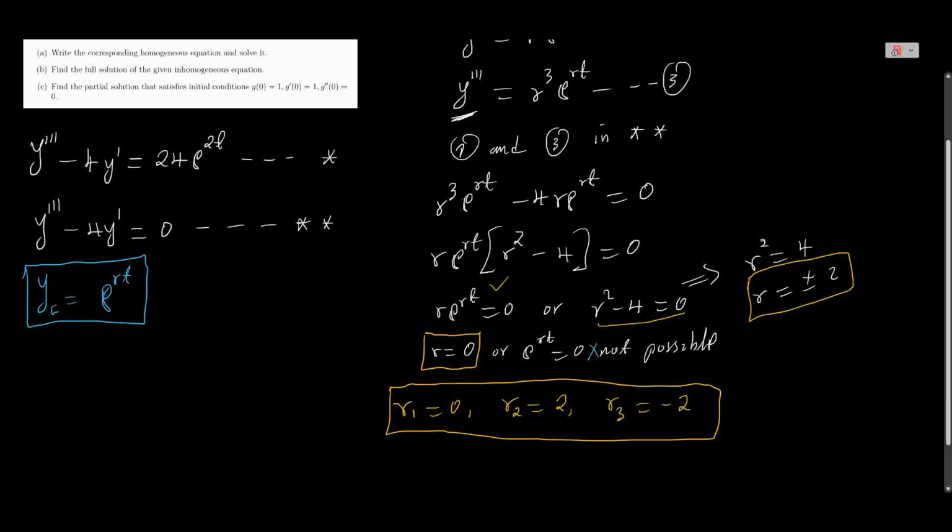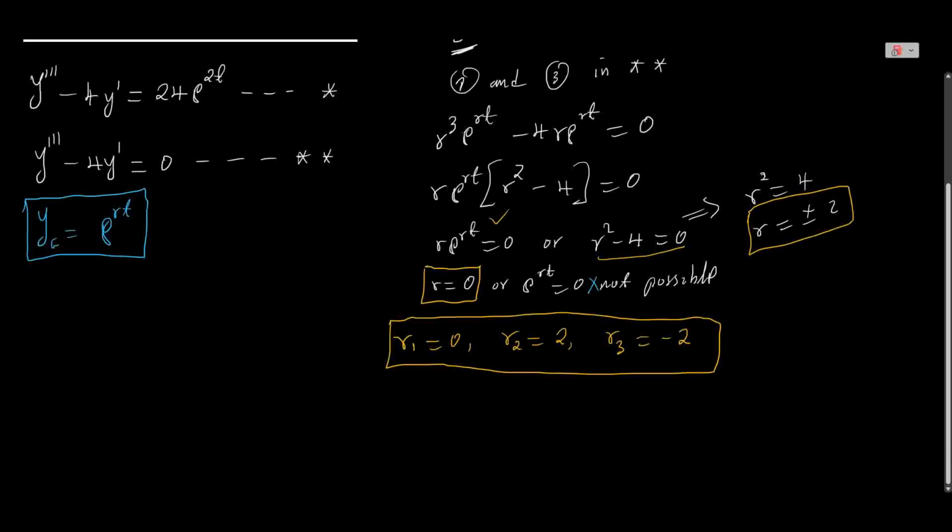So the actual solution from these different roots will simply be y general for our homogeneous equation is c1 e raised to the power r1t plus c2 e raised to the power r2t plus c3 e raised to the power r3t. We end here because we have three roots.